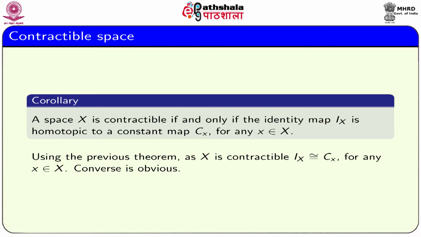Using the previous theorem, as X is contractible, the codomain is contractible, and therefore the identity and the constant function Cx for any x belonging to X will be homotopic. And the converse is obvious from the definition of contractibility.